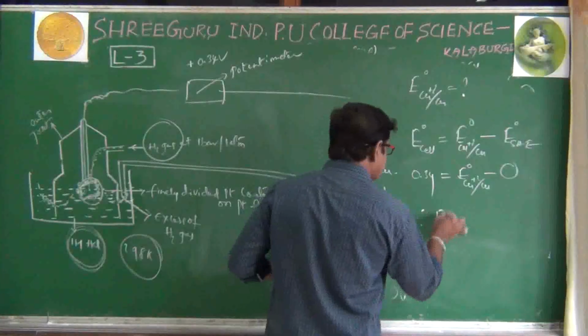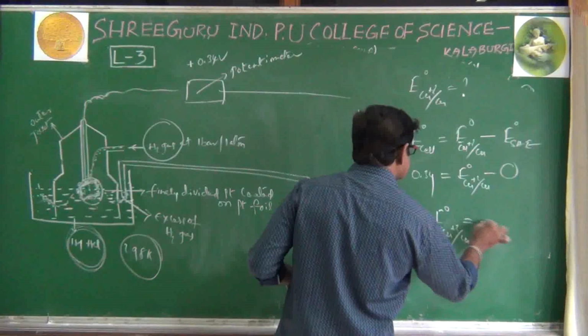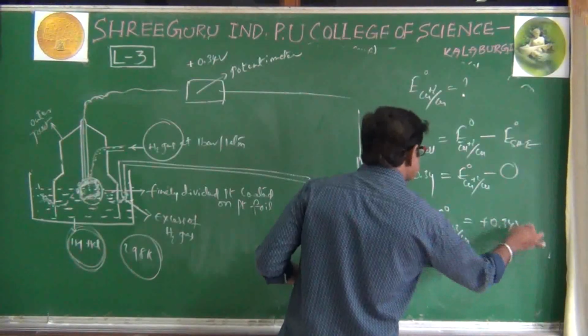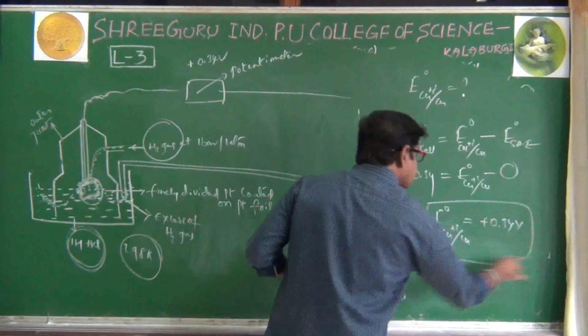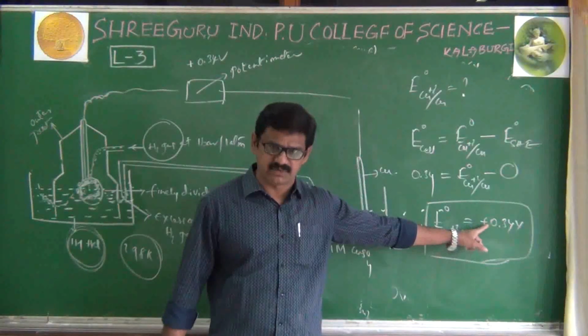Therefore, E naught Cu plus 2 oblique Cu is equal to plus 0.34 volts. We get the copper standard reduction potential value as 0.34.